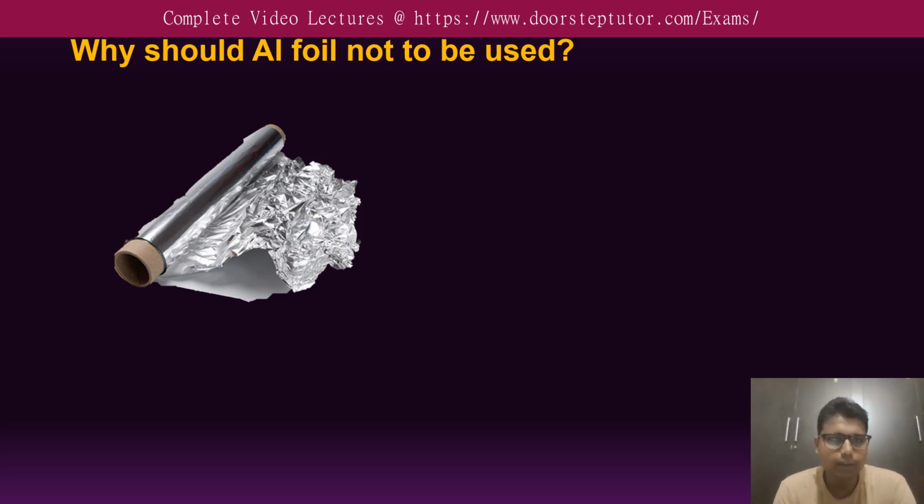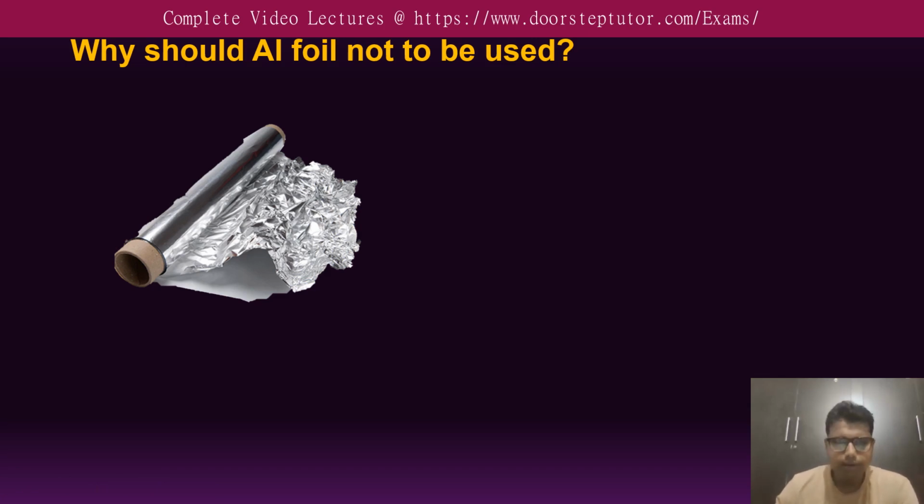but it is not good for our health, because aluminum can react with oxygen in the presence of heat, forming alumina, and that alumina is not good for our health. It will go into our body and is dangerous, not instantly, but it is a slow poison, you can say.